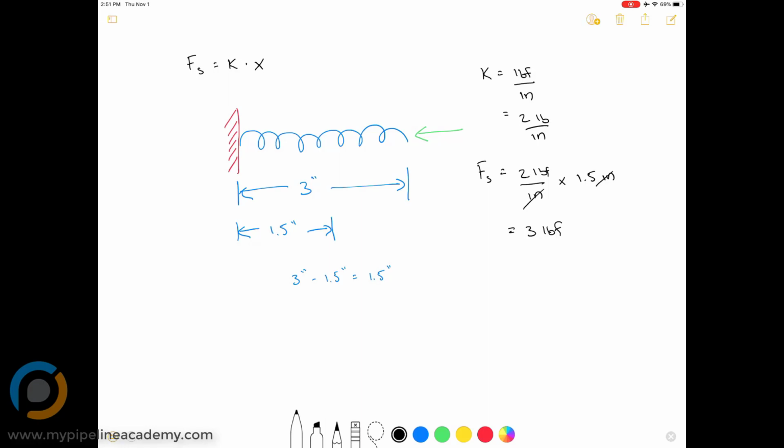So let's see, how else could we do this? Instead of asking how much force is required to compress it to half its length, why don't we say if we compress this spring down to 3/4 of an inch, how much force would the spring be pushing back with?